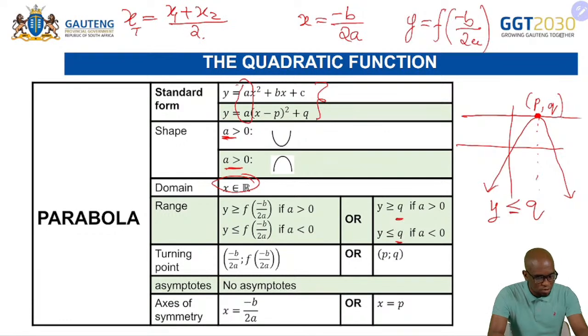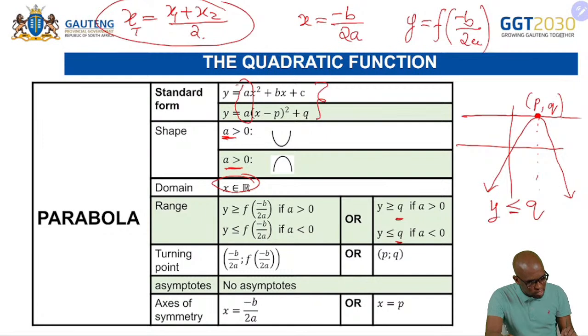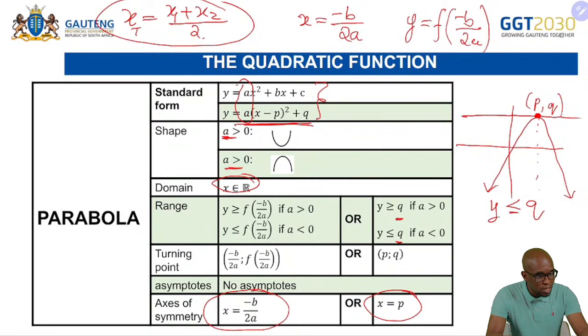You add the two and divide by 2, or you find the midpoint. So the midpoint of the x-intercepts will also give you the axis of symmetry, which is the x value of the turning point, just like it's indicated here. The axis of symmetry is minus b over 2a in the first form, or if you are given the turning point form, then you can use x is equal to p.